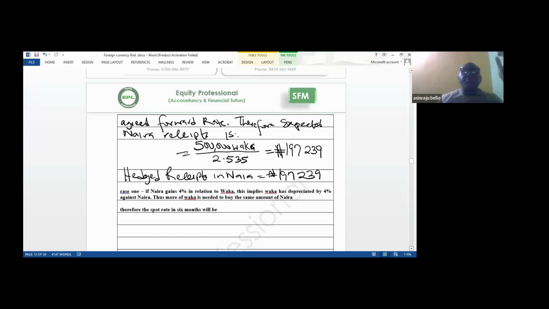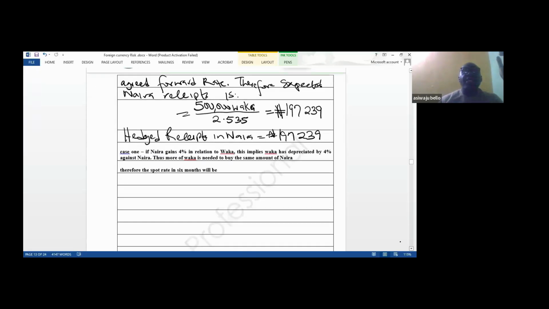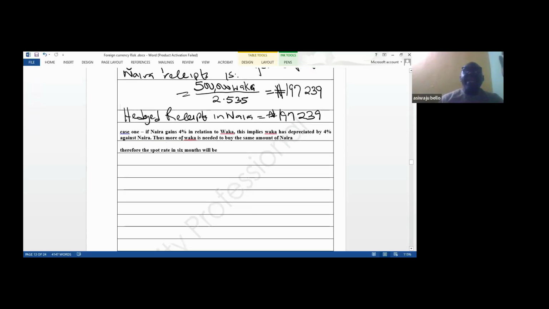Look at it, please. Case number 1. If Naira gains 4% in relation to Waka, this implies that Waka has depreciated by 4% against Naira. Thus, more Waka is needed to buy the same amount of Naira.